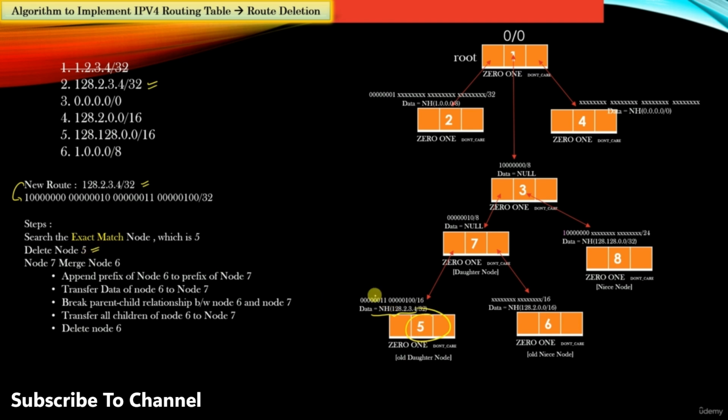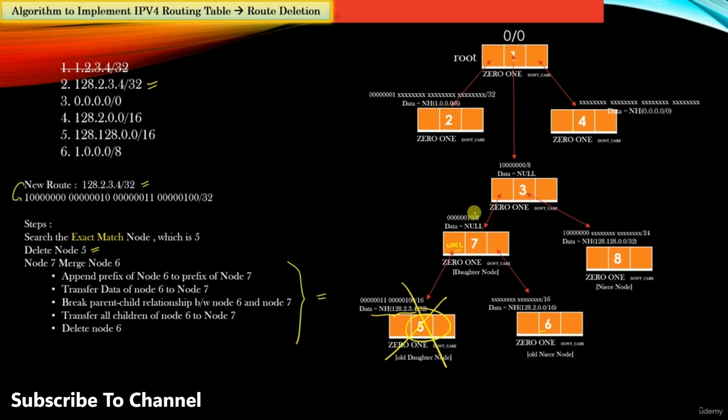So straight away delete the node number 5, and adjust the pointer of the parent node to point to null because its child has been deleted. And now the node number 7 has become a half node, therefore node number 7 will execute the merge algorithm. Alright, so again these steps will be executed. You append the prefix of the node 6 to the effective prefix of the node 7.